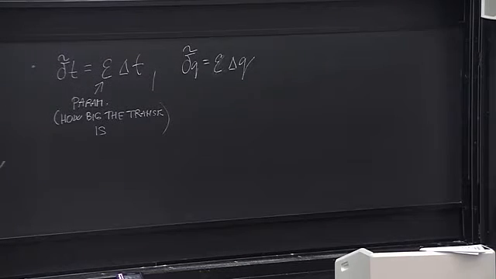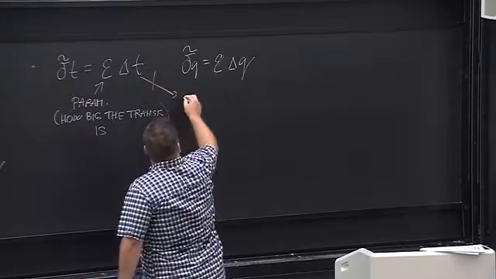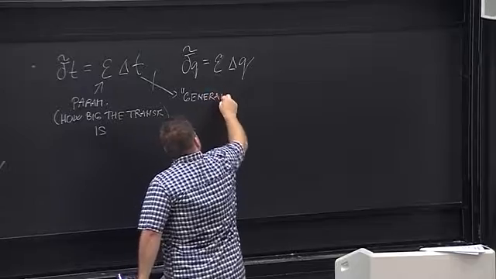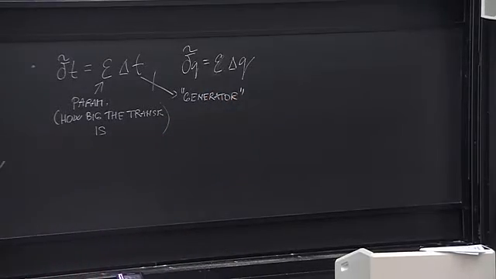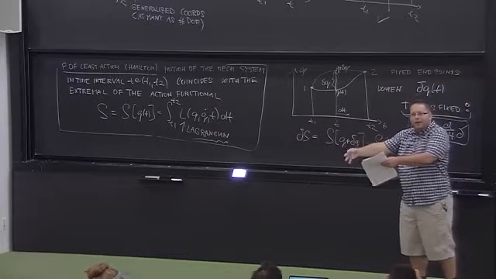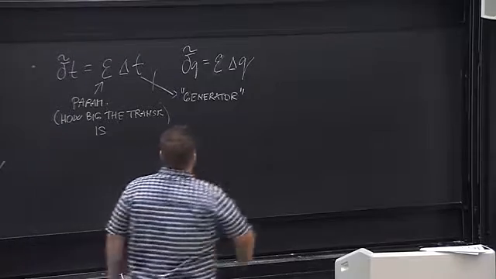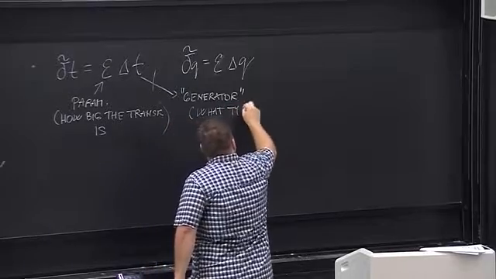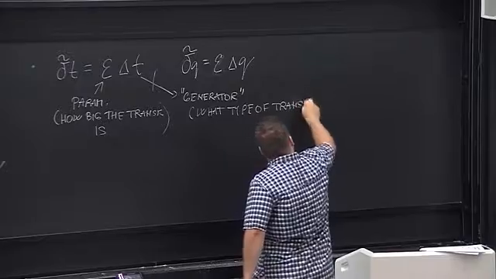And this thing is the generator of the transformation, which tells me what type of transformation I'm considering. Am I rotating this direction? Am I rotating that direction? Am I moving from here to there? It tells you what type of transformation I'm doing.